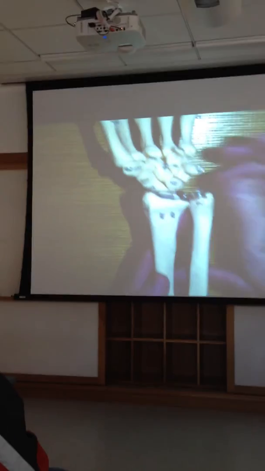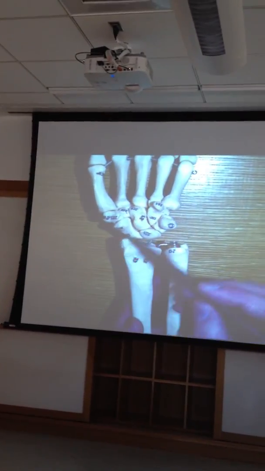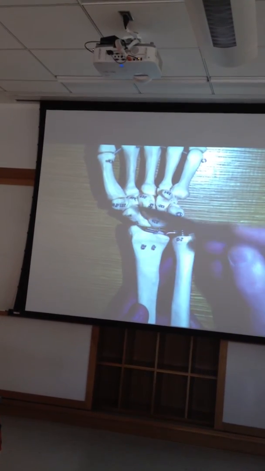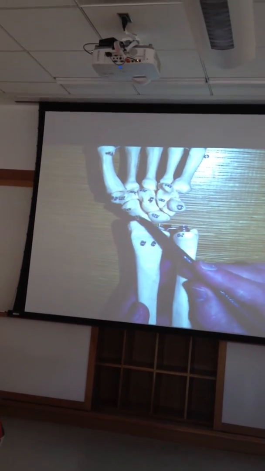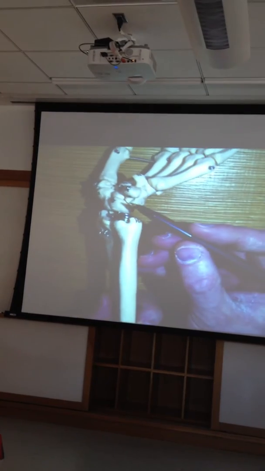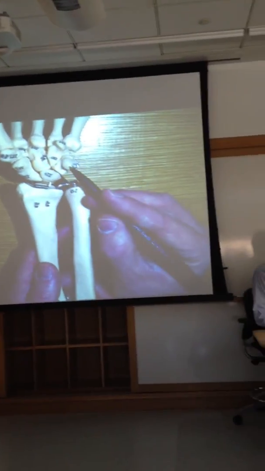Now, just to name our different wrist bones. We start lateral with the proximal row, then we go to the distal row and start lateral and go medial once again. So, scaphoid, lunate, this one sitting kind of back here is the triquetrum. Sitting sort of on top of it is the pisiform.